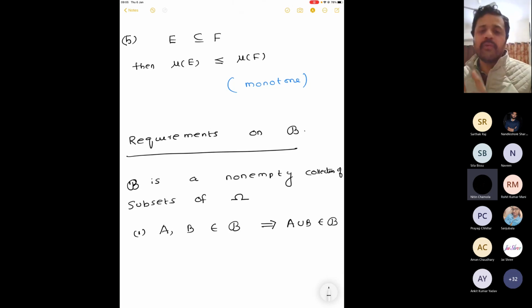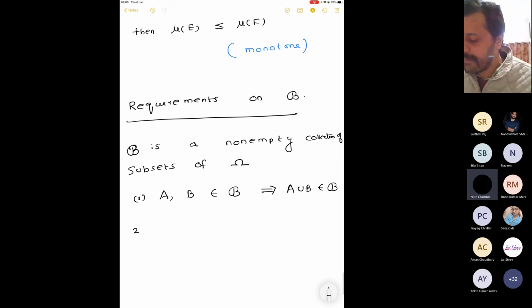See, once it is true for 2 sets, it will be automatically true for finite number of sets. So I don't have to say if A1, A2, A3, etc., AN are in B, their union is in B. This is enough. Once it is true for 2 sets, you can repeat finite number of times.